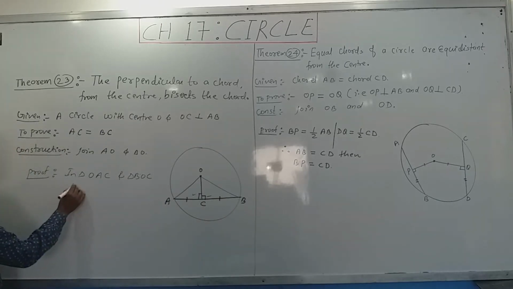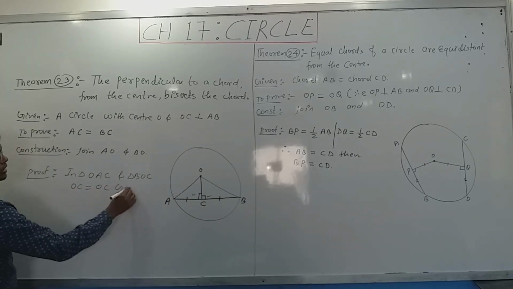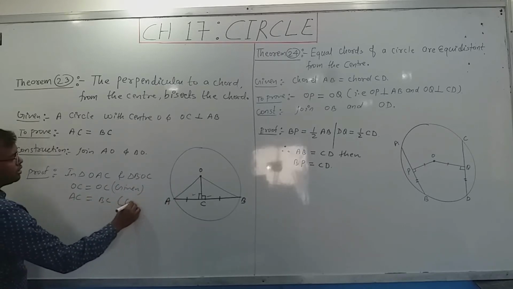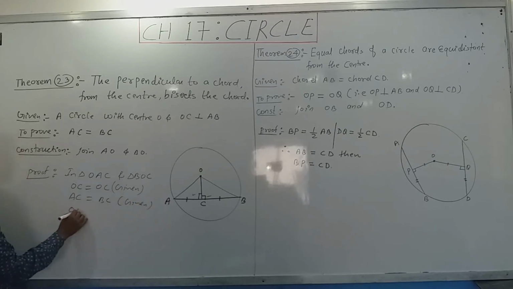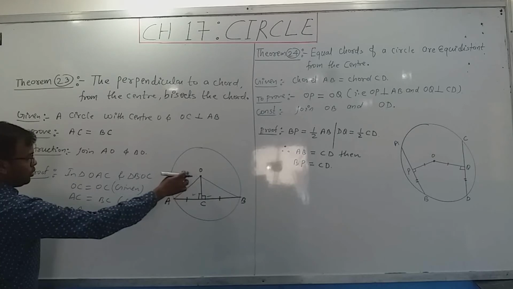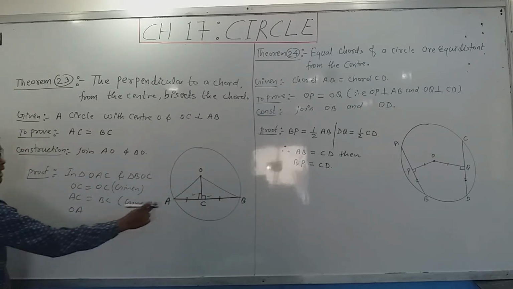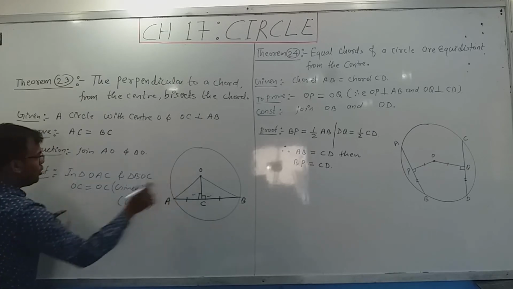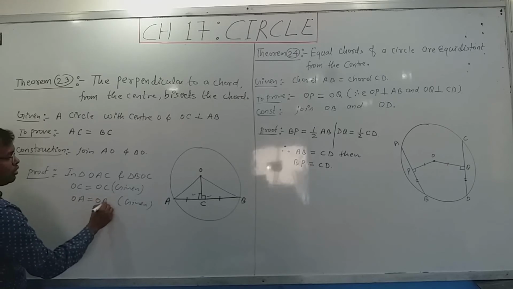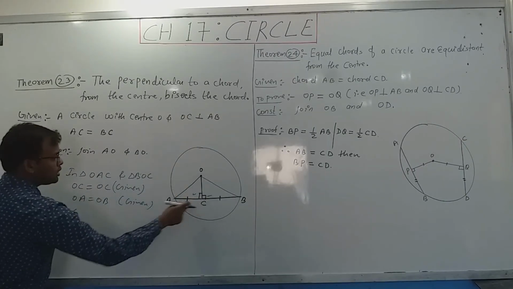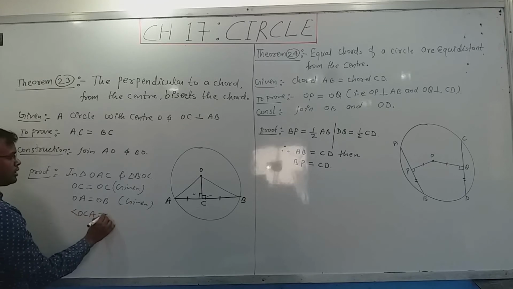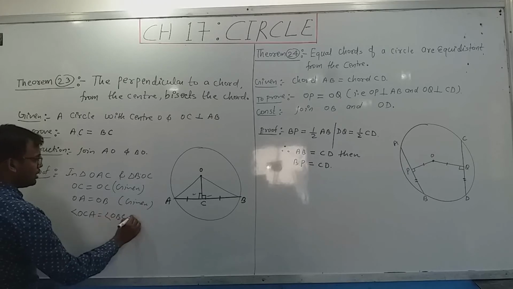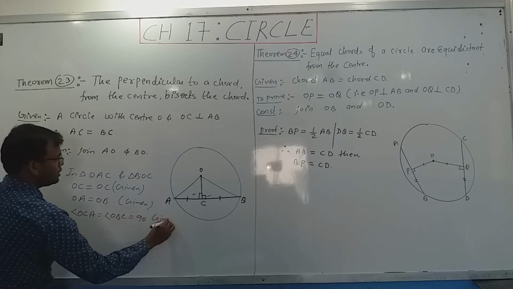So you can write OC is equal to OC, it is common, and OA is equal to OB, and angle OCA is equal to angle OCB is equal to 90 degrees, it is also given.